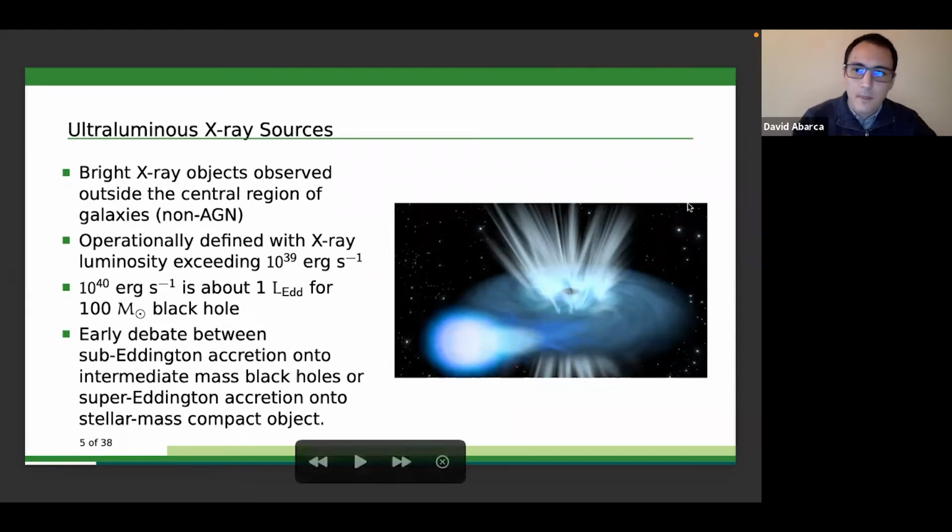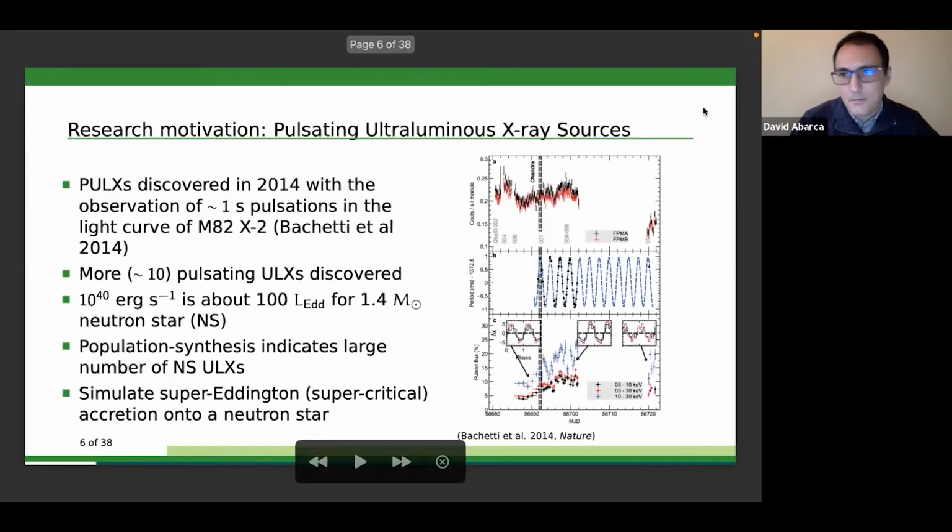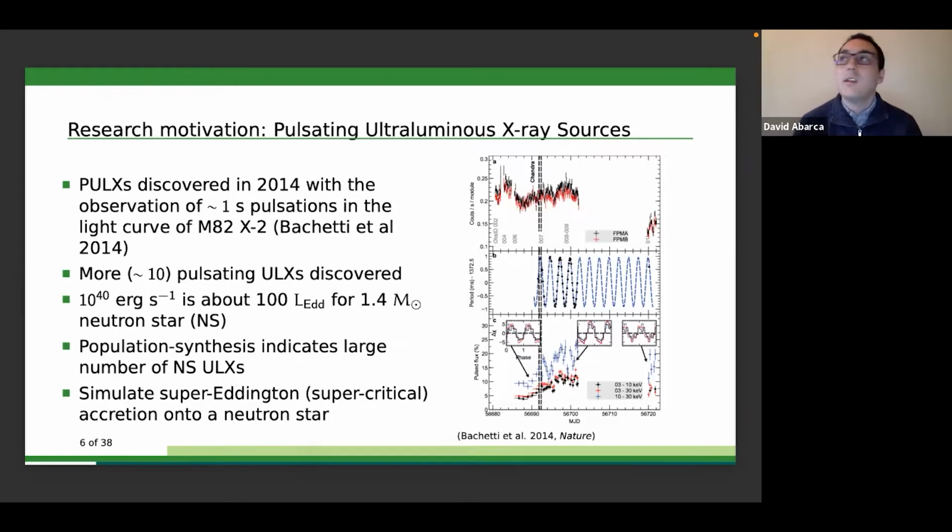One observation which really gave us a concrete answer to what these were is the observation of coherent pulsations, about 1 second in period, in the ultraluminous X-ray source M82 X-2. What this showed us is that since the source is pulsating, it must have a neutron star at the center.